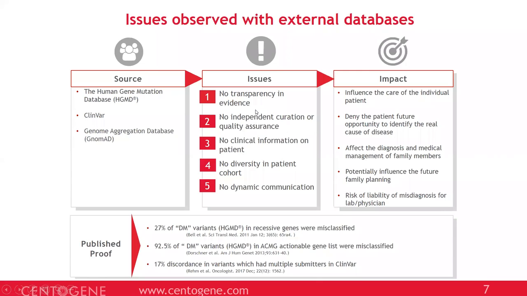So the issues we have identified are about evidence transparency, curation of the data, missing clinical information on the patients, cohort diversity, and, at the end, no dynamic communication. These limitations will impact the patient at different levels: the diagnosis, the future planning for the families, the treatment options, and in the worst case, the patient can be misdiagnosed.